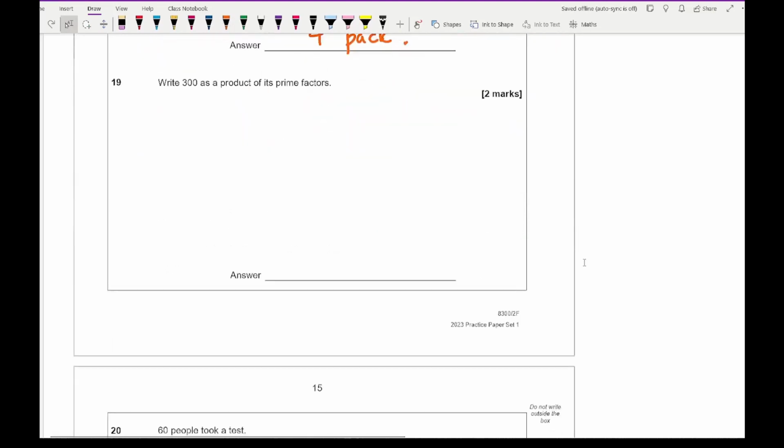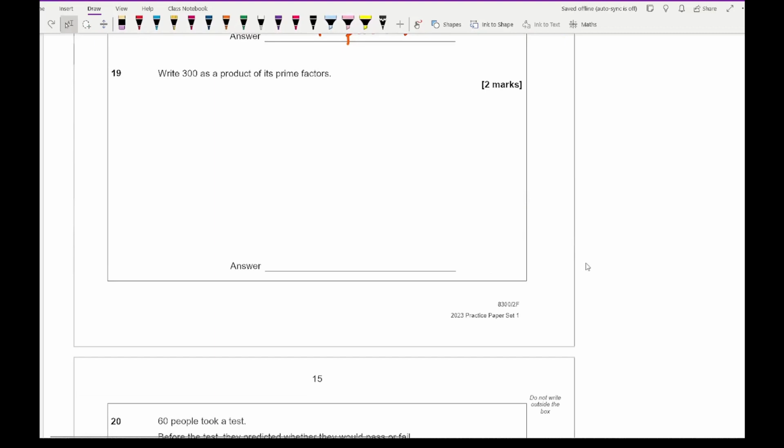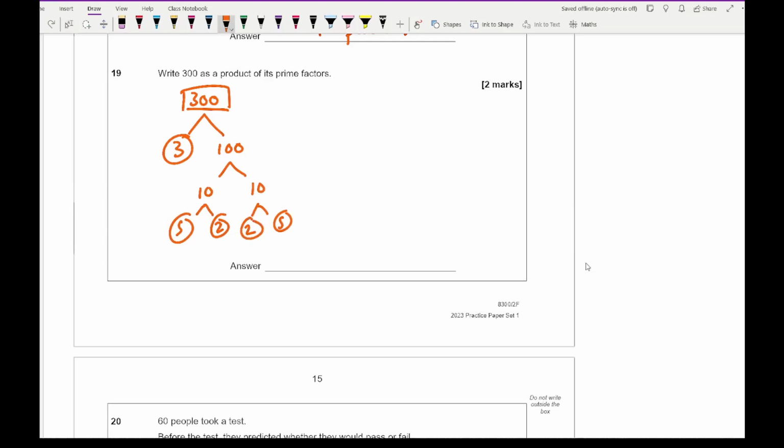Question 19 says write 300 as a product of its prime factors, so we need to do a factor tree. If I start with 300, think of two numbers that multiply to give me the top number, and circle any prime numbers. In which we should have this as our final answer, and then write it as a product of primes.